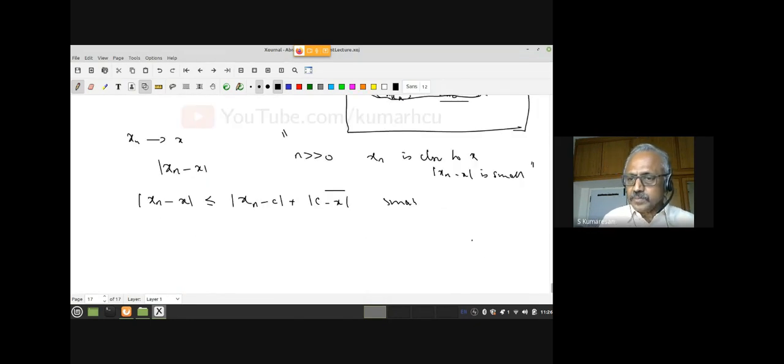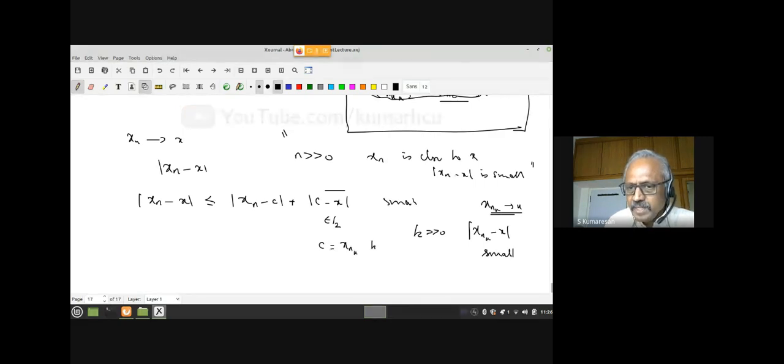That means if k is very, very large, |x_{n_k} - x| will be small. That's what it means to say x_{n_k} converges to x. This is the qualitative version, right? So if I want to make this less than epsilon by 2, I should choose c to be something like x_{n_k}, where k is very, very large. Again, we are being qualitative.